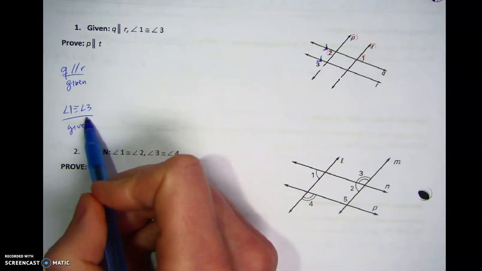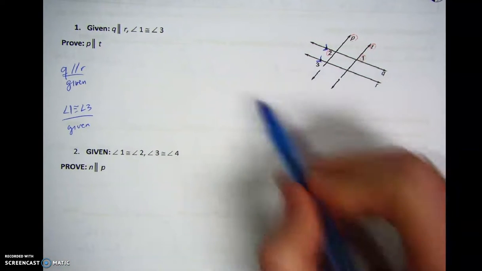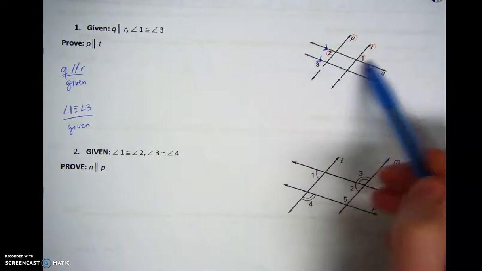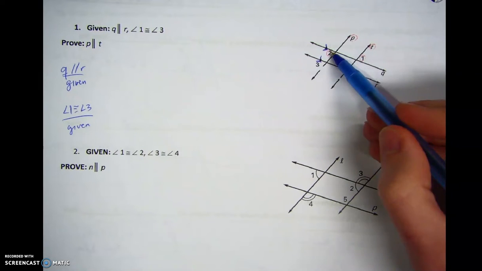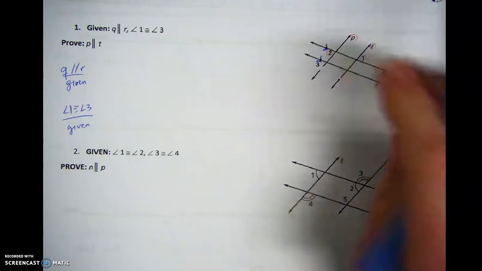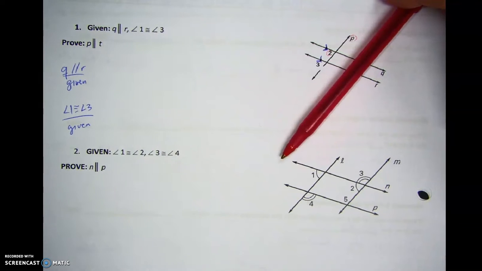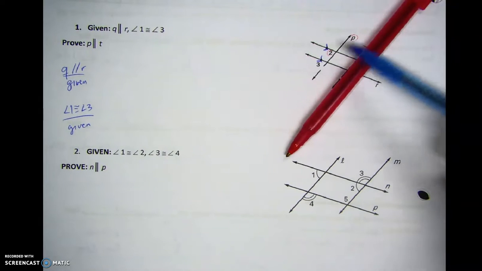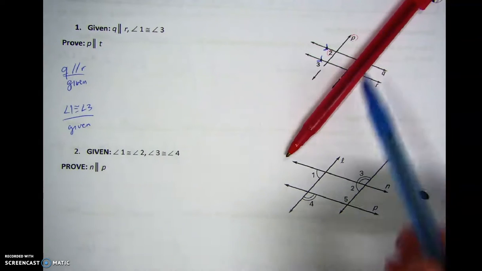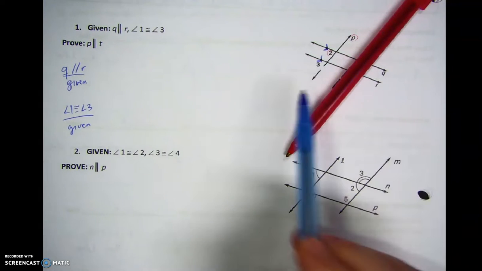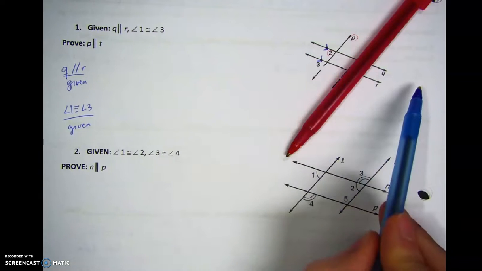We have 1 and 3. And so we say, okay, what else do we know about angles 1 and 2? If we look at angles 2 and 3 here, we can kind of cover up this transversal. We look at angles 2 and 3, and we say that those are corresponding angles. Corresponding angles with a transversal of P, which means these corresponding angles are going to be congruent as long as these two lines are parallel.